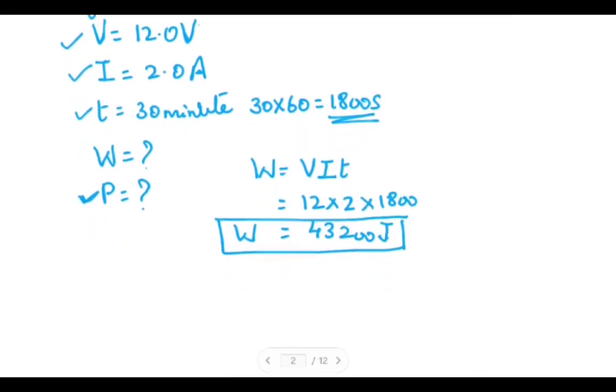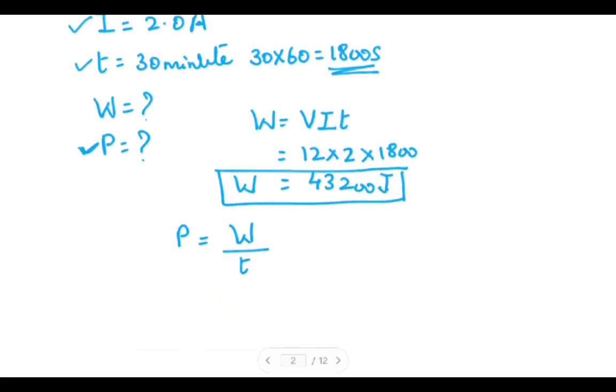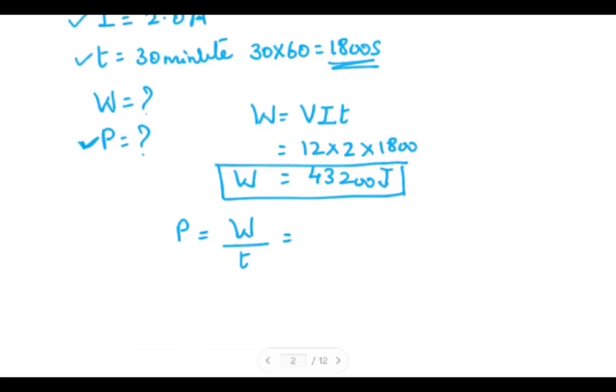Okay, we also want the power. What's the formula for power? Power is equal to work done upon the time, which is equal to 43,200 upon the time, which is 1800. Both go by 9.